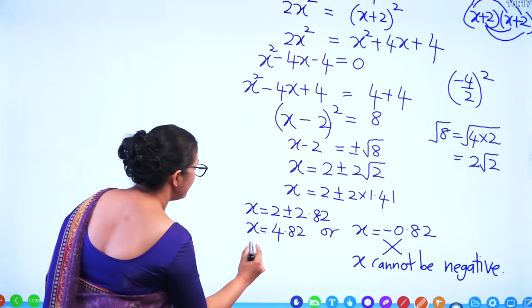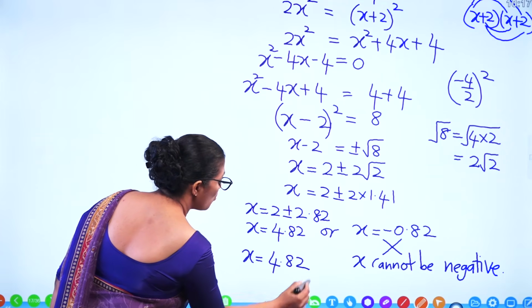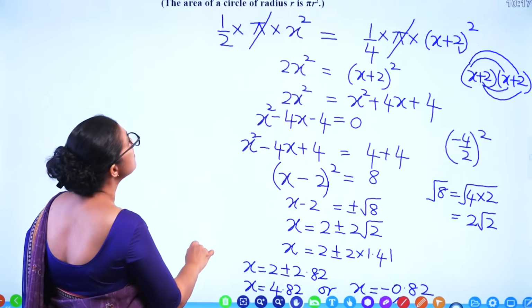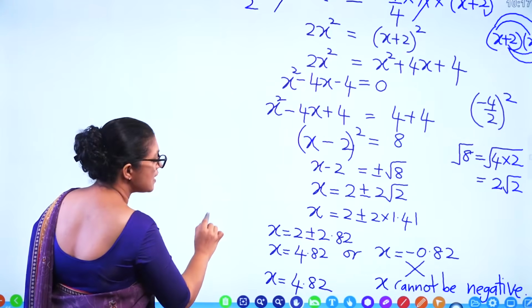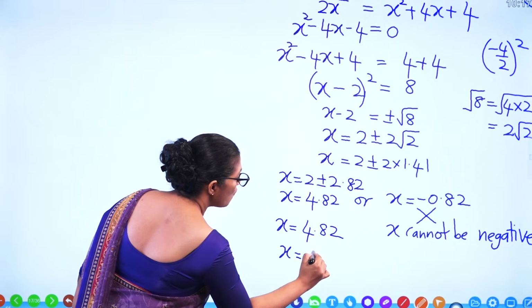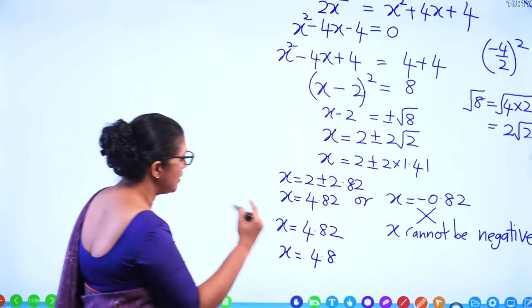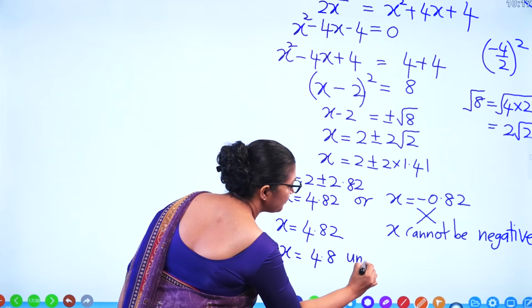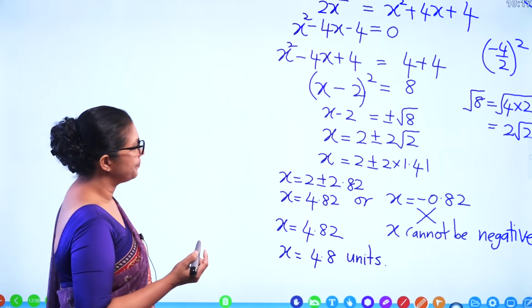So what's the value? x becomes 4.82. Correct to one decimal place, first decimal place you have to find out. So what's the answer? x becomes 4.8, and units are not given here, so you can just write units.